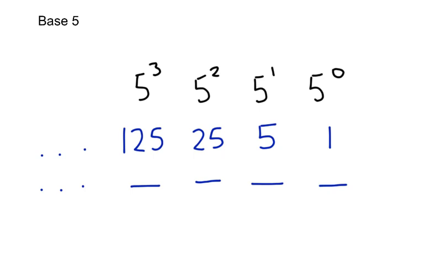We're only going to have 5 digits, and those digits are going to be 0, 1, 2, 3, and 4. In the same way that we can't write 10 in a single individual place value in base 10, because we can't put 2 digits in one space, we're not going to have the ability to write 5 in base 5. The only digits we have in base 5 are these right here.